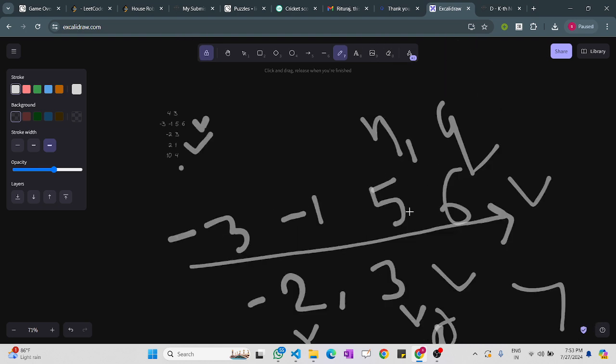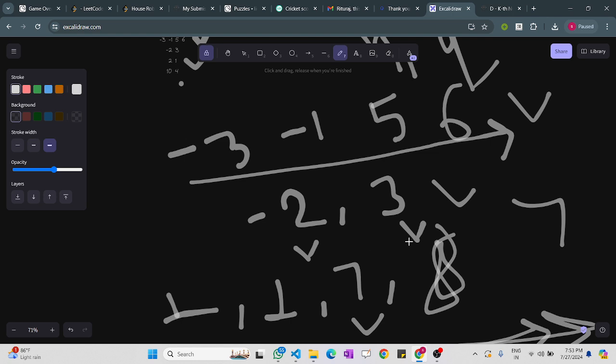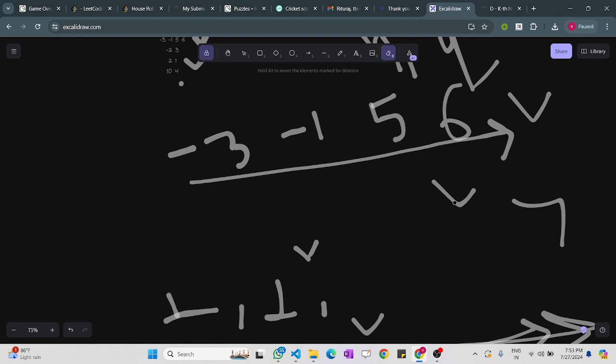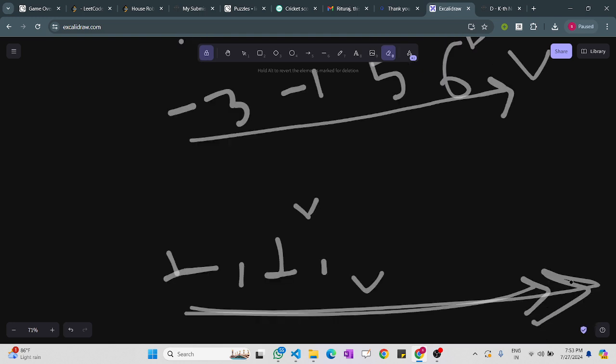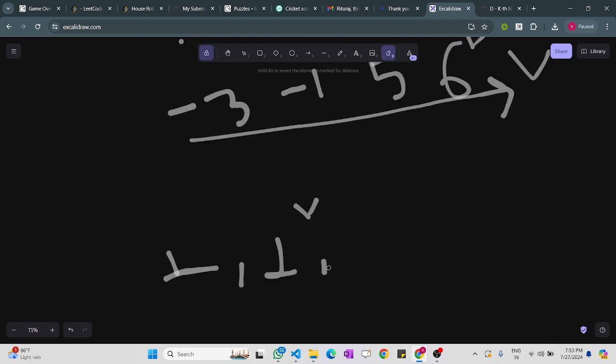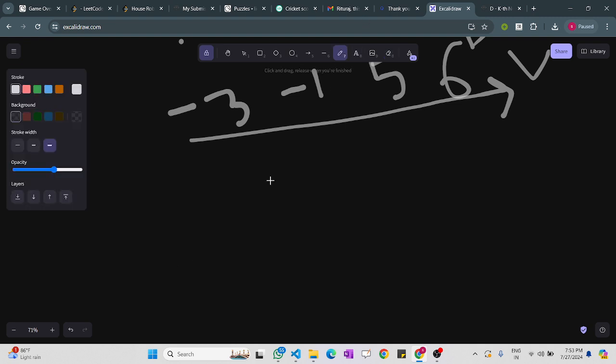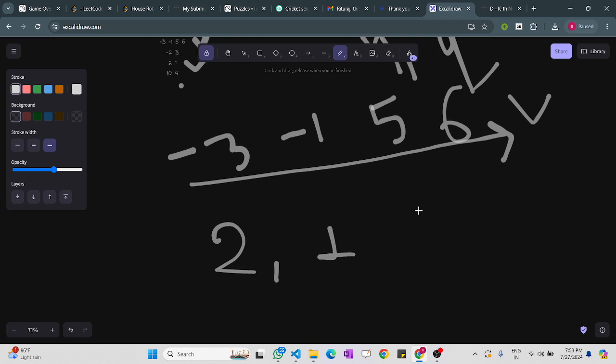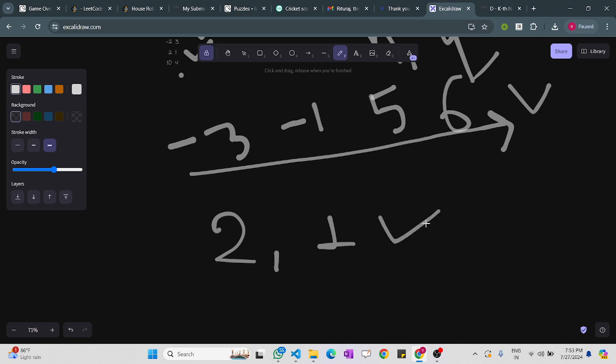Okay, and let's talk about 2, 1. Let's erase all the things. You have to take this point 2, and calculate the distance from each and every point in vector v, and then compute the first smallest distance among all the distances, right?